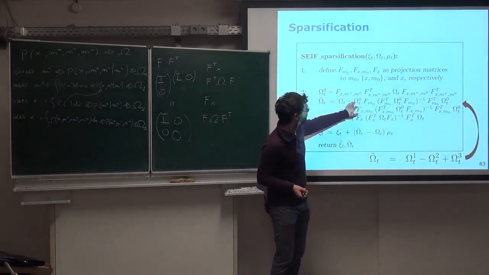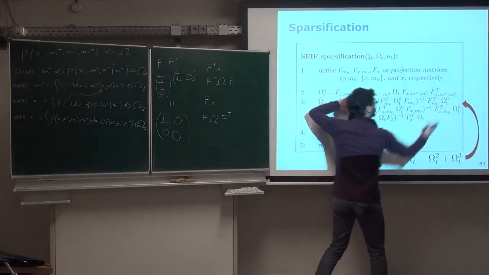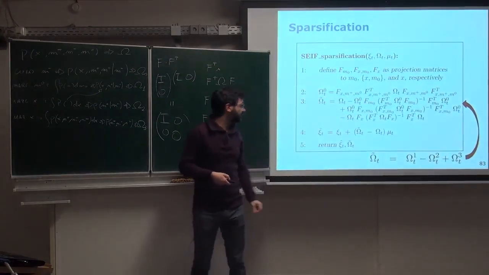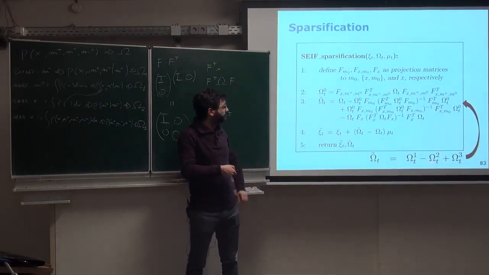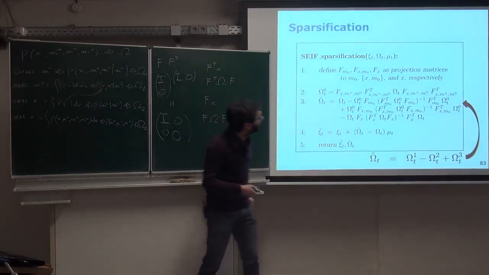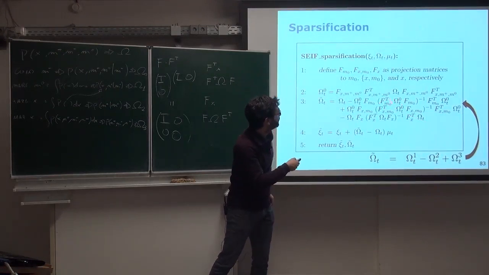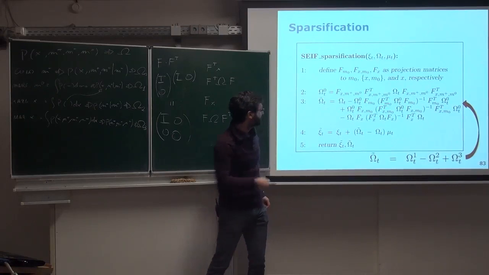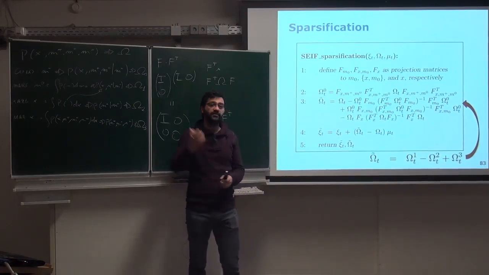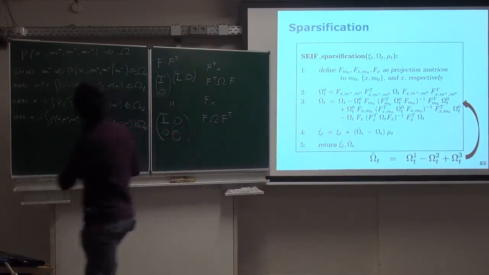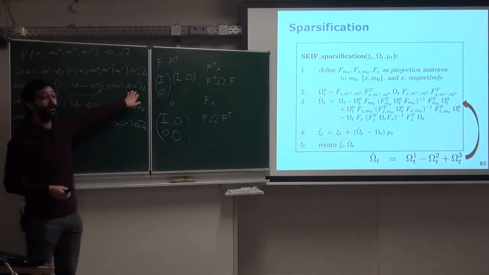And then we have this here, from here to there, which is the one associated with marginalizing M0 out. If you go back here, it will be this, and we call it omega 1.